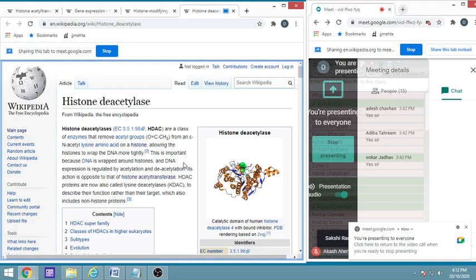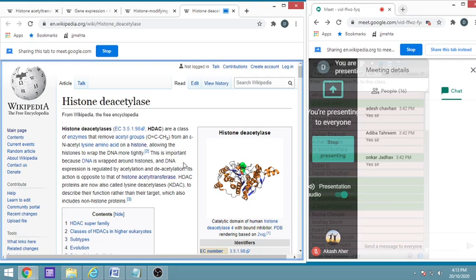Once they do this deacetylation and the acetyl group is removed, the histone will wrap the DNA more tightly, because there are two things: the bromodomain is now not activated, and the positive charge which was neutralized is there again. So positive-negative interaction will be there, and therefore the histone will wrap the DNA more tightly.